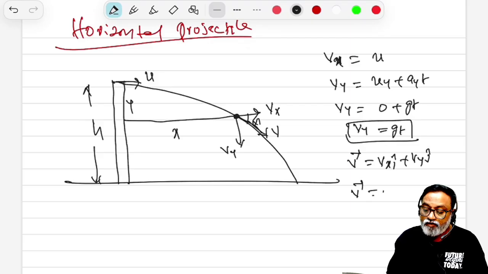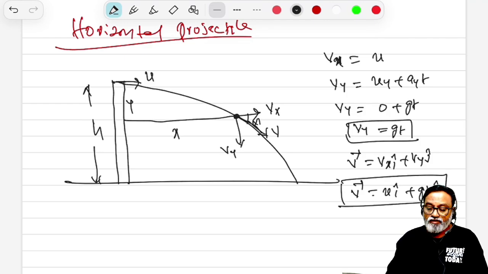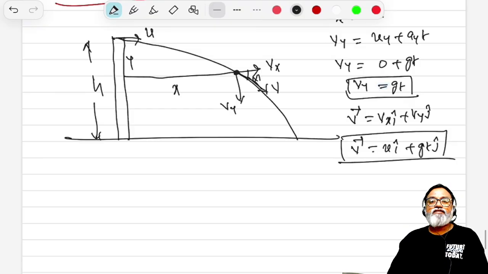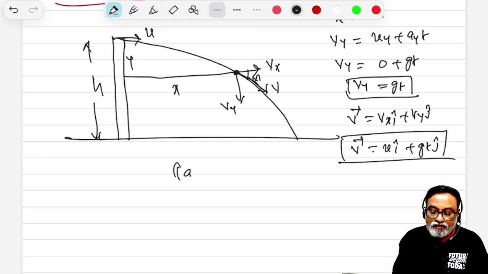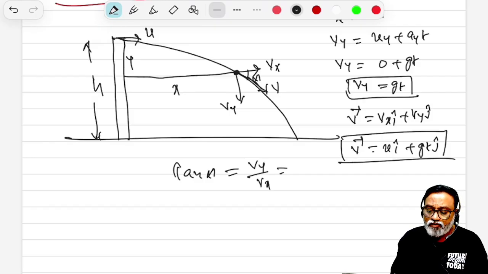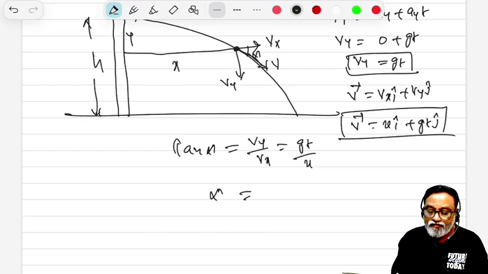Therefore, V bar is equal to u i cap plus gt j cap. This is the velocity. Then what is the angle made by the velocity vector with horizontal? That is tan alpha. Tan alpha is equal to Vy by Vx, that is gt by u. Therefore, alpha is equal to tan inverse of gt by u.